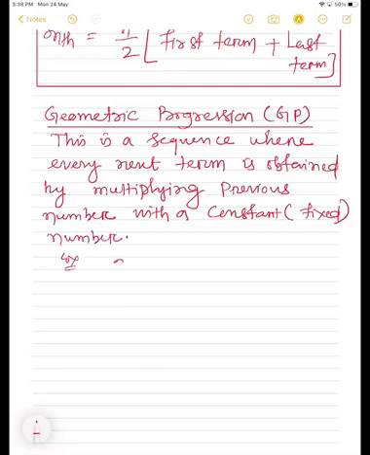Example, let's say 2 into 2 is 4, 4 into 2 is 8, 8 into 2 is 16, 16 into 2 is 32. That's a sequence only, geometric progression.